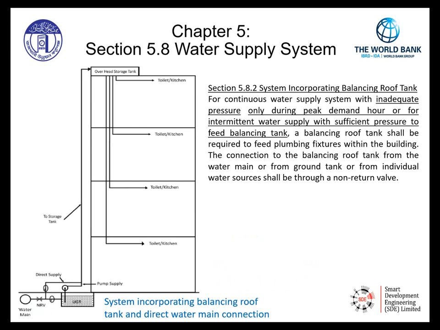Section 5.8.2 indicates a system of incorporating a balancing roof tank and direct water main connection. So for continuous water supply system, let's say with inadequate pressure only during peak demand hour, or for intermittent water supply with sufficient pressure to feed the balance tank, a balancing roof tank shall be required to feed plumbing fixtures within the building.